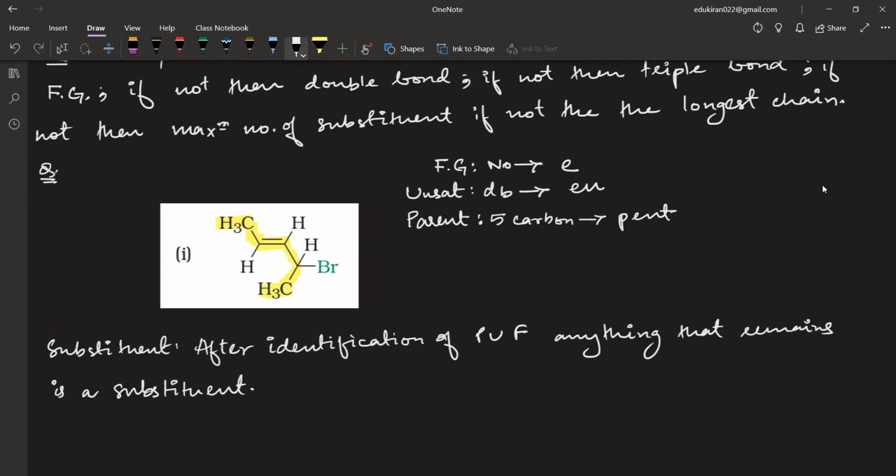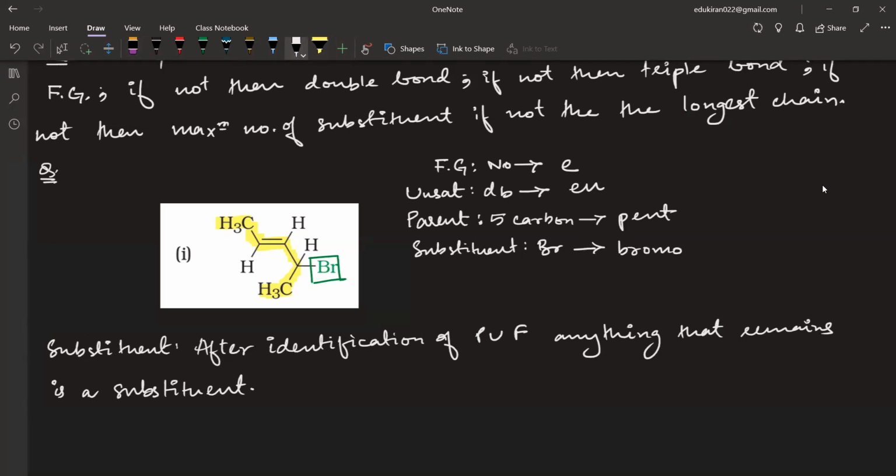Clear? What remains here? Only bromine, Br. So the substituent is bromine, and we represent it as bromo.